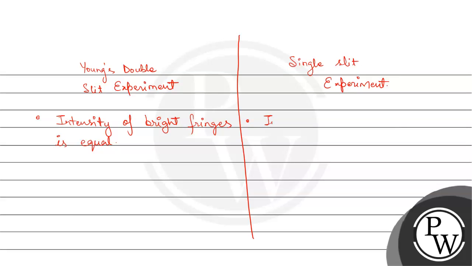Hence intensity of bright fringes is not equal.